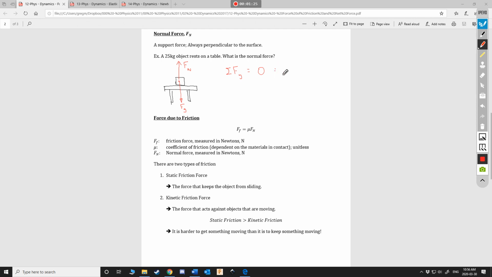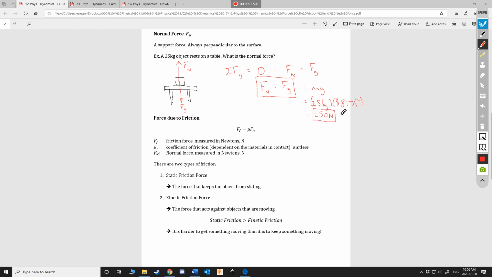The normal force is up, the force of gravity is down, therefore normal force is equal to force of gravity. So if we solve for our force of gravity, which is just mass times gravity, 25 kilograms times 9.81, we get a normal force of 250 newtons.